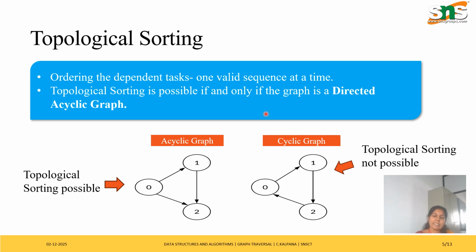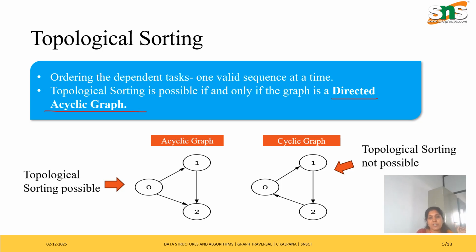Moreover, one more criterion required for topological sorting is that it is possible if and only if the graph is a directed acyclic graph. It should be an acyclic graph. That means the graph should not have any loops or cycles in it. The graph loop should not be there. Cycle should not be there.